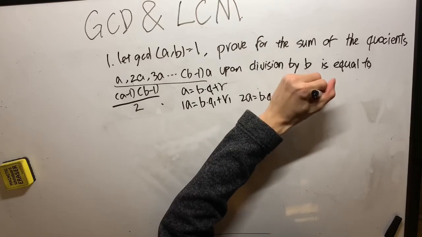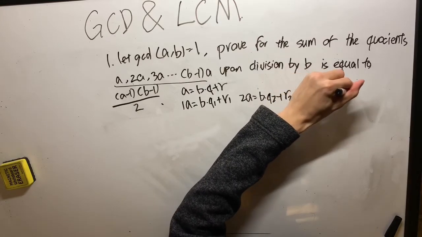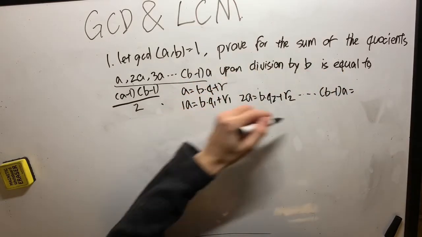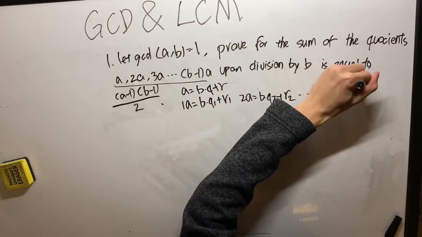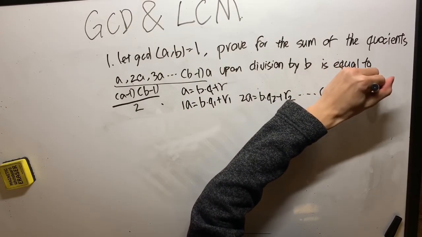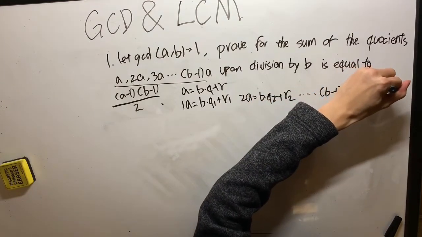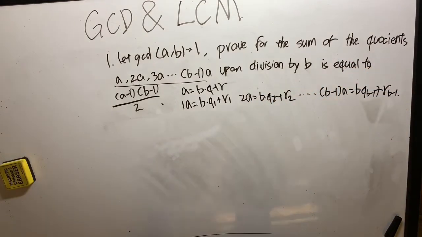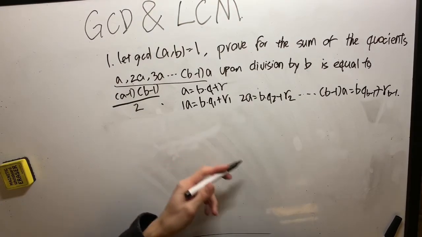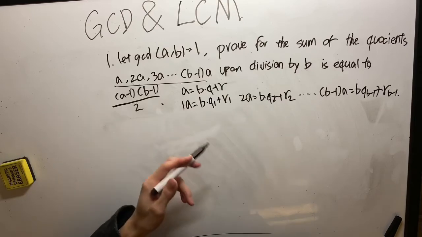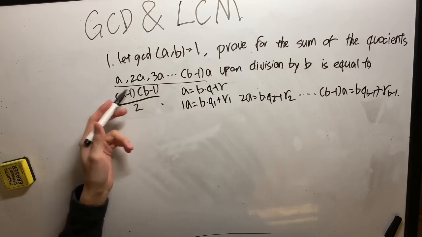and (B minus 1)A equals B times Q(B minus 1) plus R(B minus 1). So in these forms, let's first prove whether B divides any of them or not.